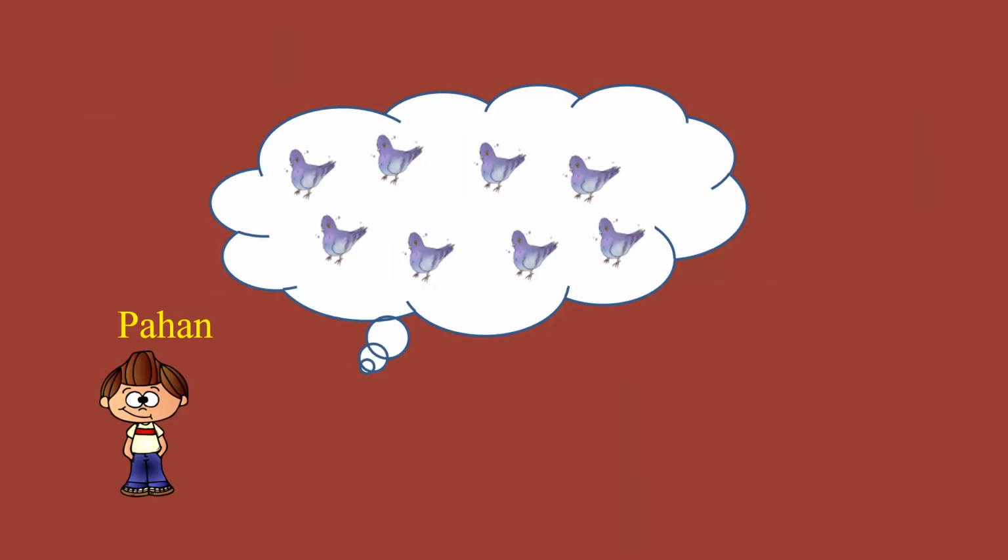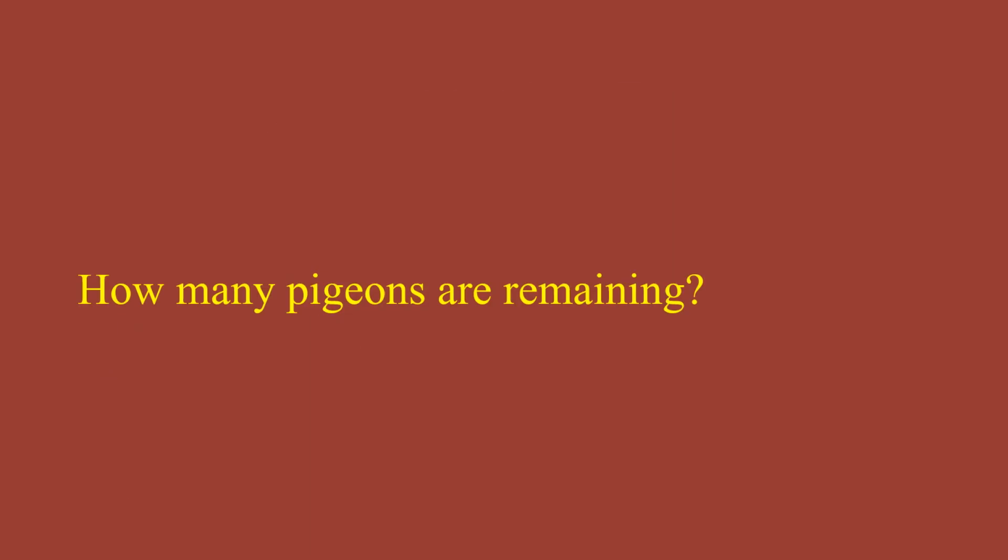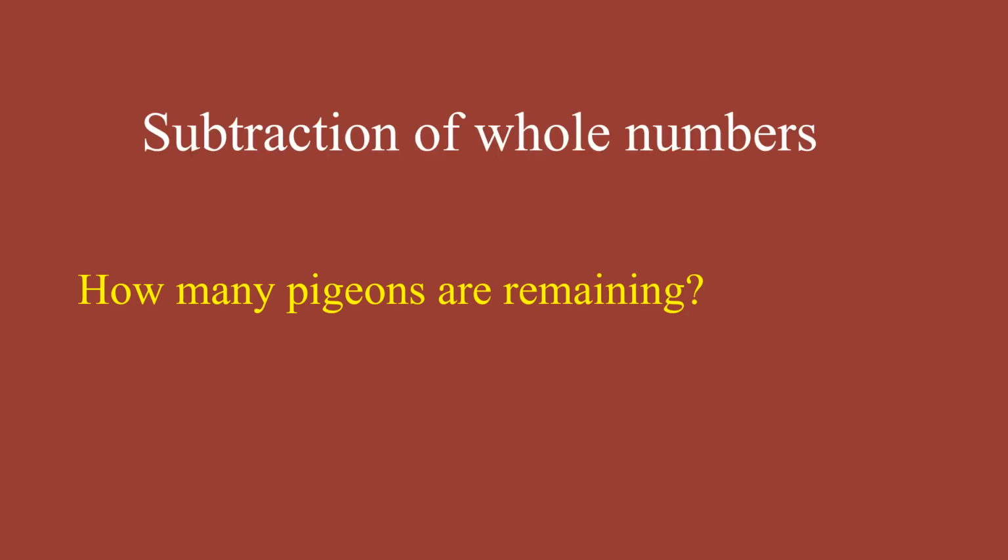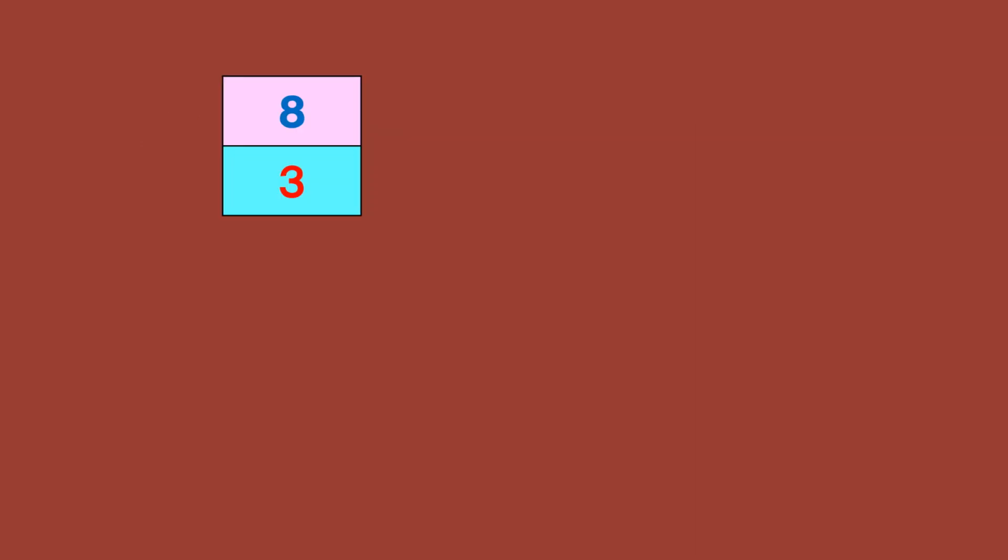This is Pahan. He has got 8 pigeons as his pets. Now, one day, a very strange thing happened. 3 of his pigeons flew away and never came back. Now we have got a question. How many pigeons are remaining? So we are going to discuss it under subtraction of whole numbers.